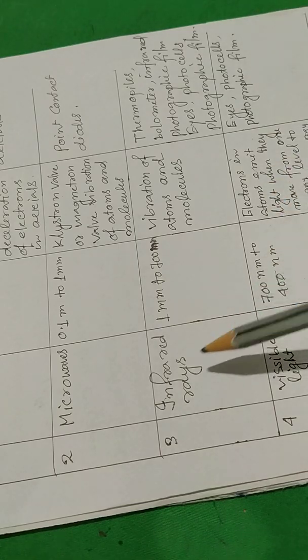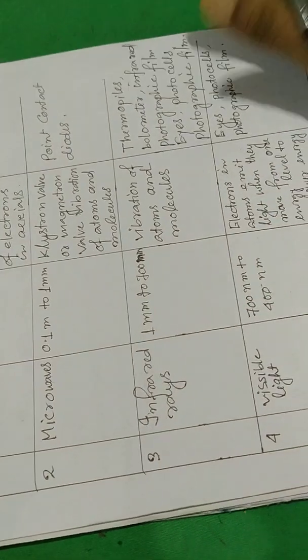Now number 3, infrared rays. What are infrared rays? Infrared rays lie adjacent to the low frequency or high wavelength end of the visible light spectrum.